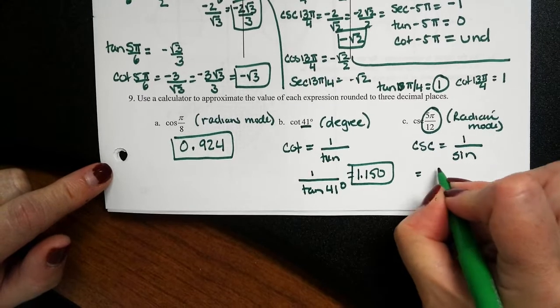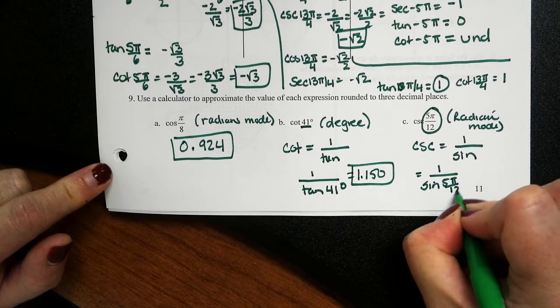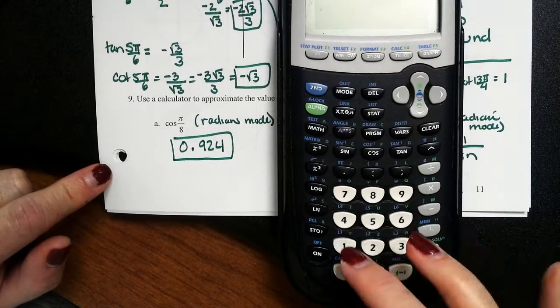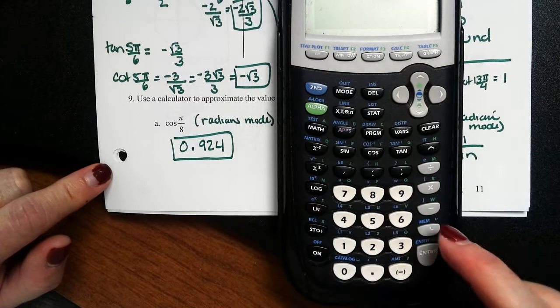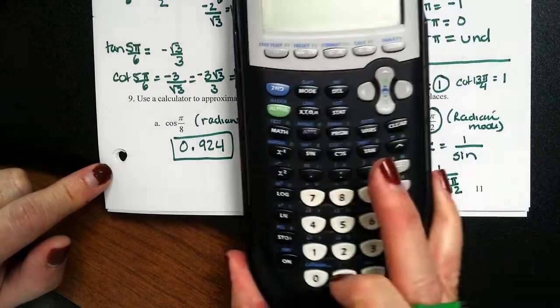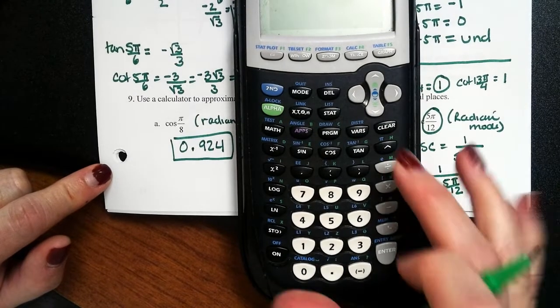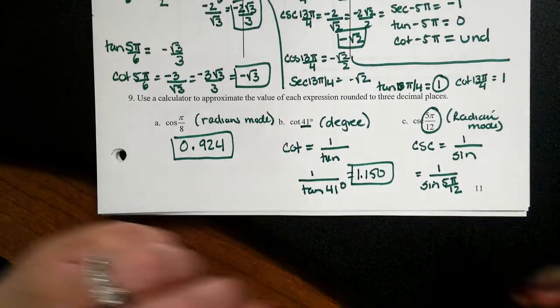So to type this in my calculator, it's 1 over the sine of 5 pi over 12. I had to double check to make sure I changed my mode. 1 divided by the sine of 5 pi over 12. So 1.035.